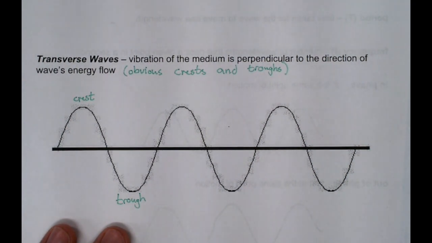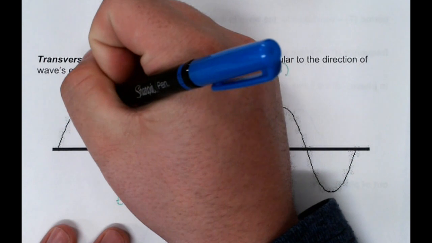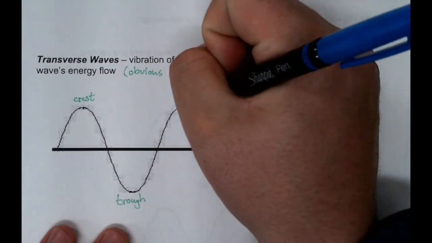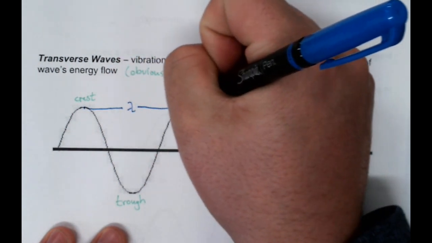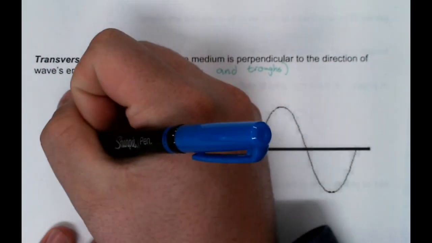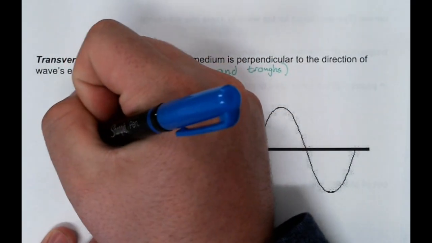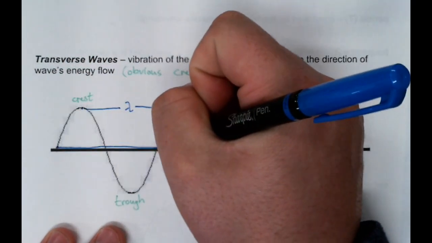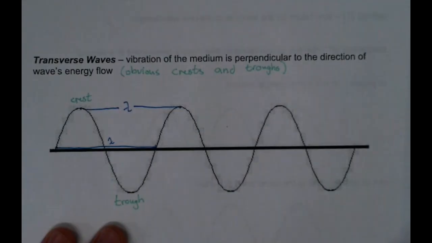The other terminology that you might want to remember, and we'll cover more on the next page, is that looking at this, you have your crest and your trough, and if you go from one crest to the next crest, that's going to give you one wavelength. If you go from one node to a node two parts away where it's both coming up, that's again one wavelength.